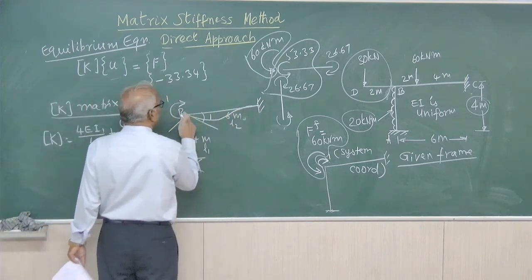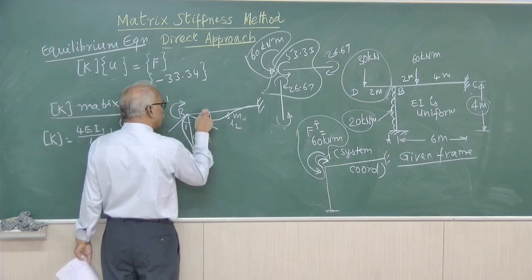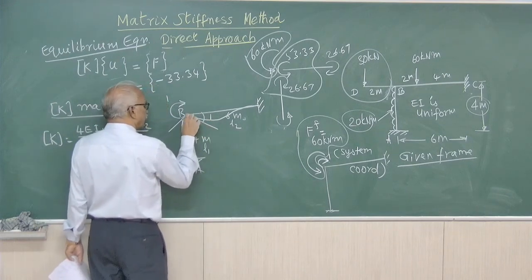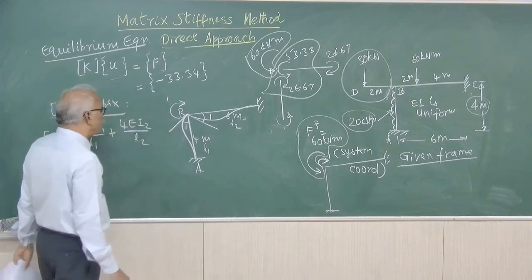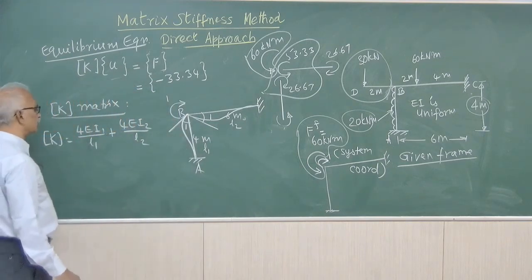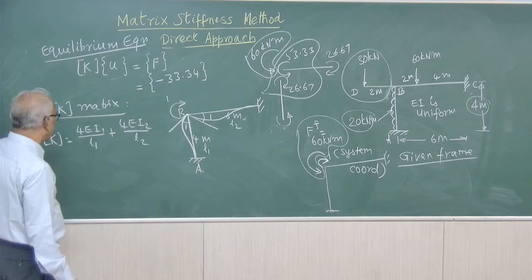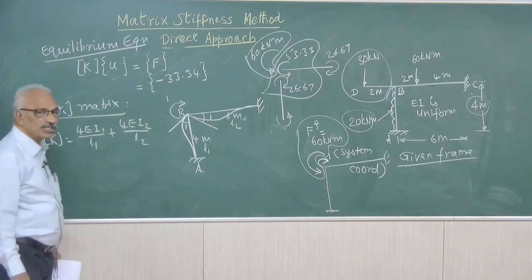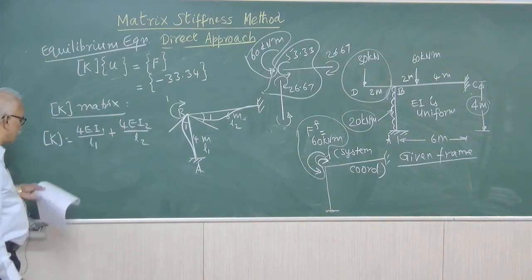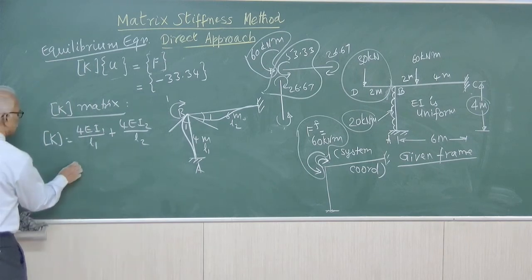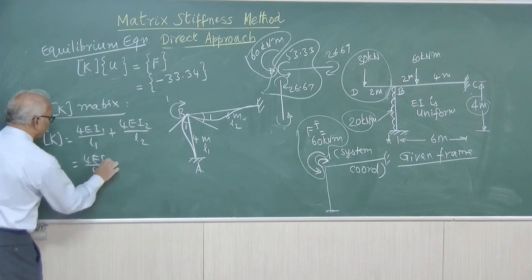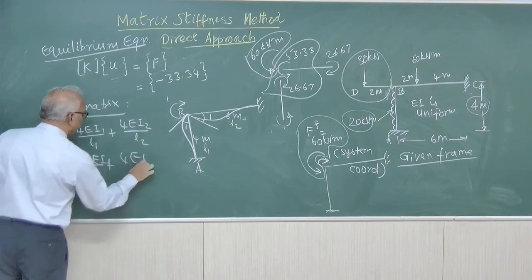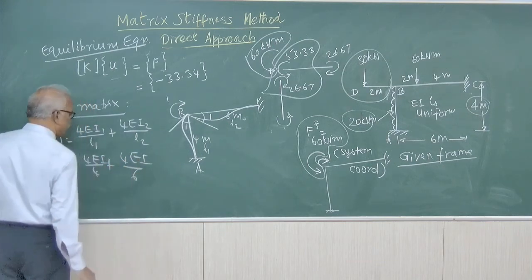For a rotation equal to unity, what is the moment that is required? That is K, 4EI1 by L1 plus 4EI2 by L2. The I value is the same, therefore it is 4EI by 4 plus 4EI by 6.